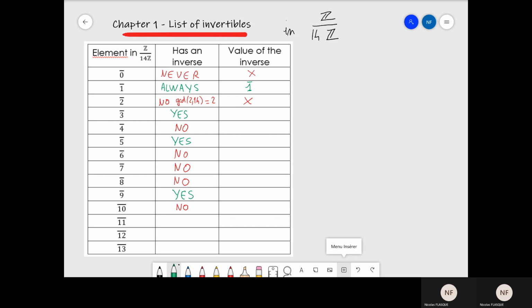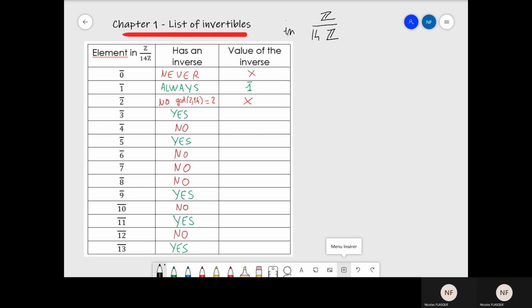So it's not 1, so 10 bar does not have an inverse. 11 bar has an inverse because the GCD of 11 and 14 is equal to 1. 12 bar has no inverse as the GCD of 12 and 14 is equal to 2. And 13 bar has an inverse.